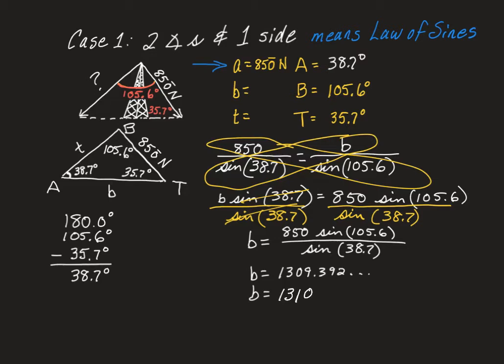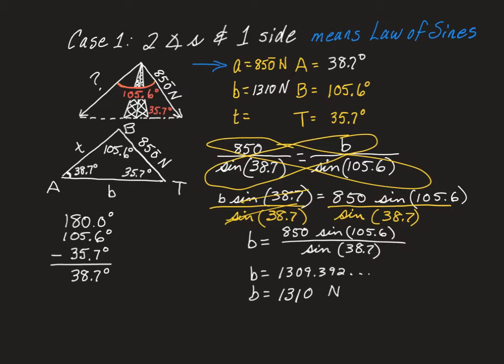And that's it. And the units then are newtons. All right, so we have 1,310 newtons for that value. Now we rounded that, right? So when we go to find the tension in the wire that remains, we are not going to use that rounded number.